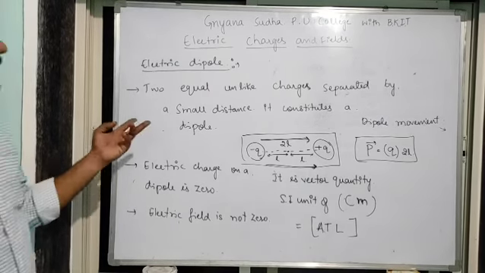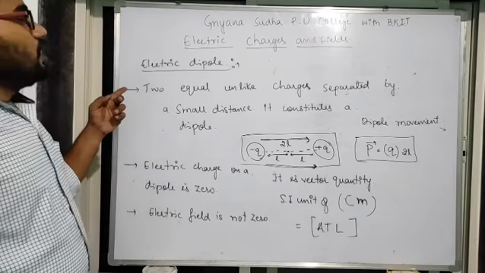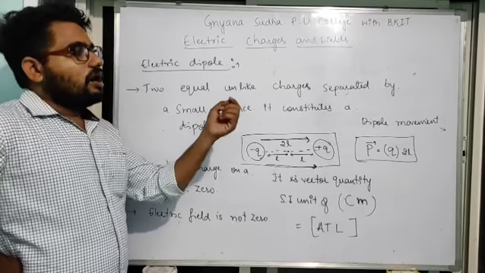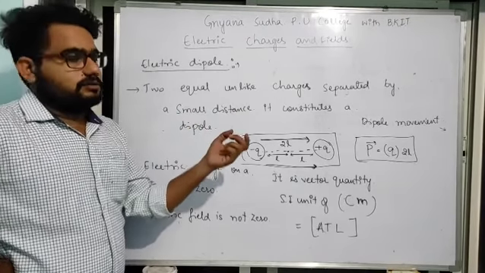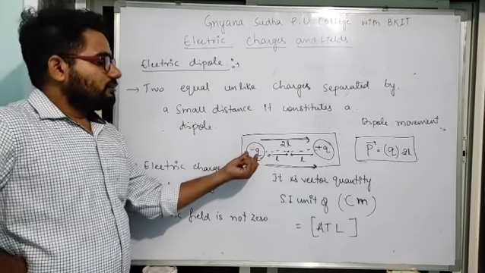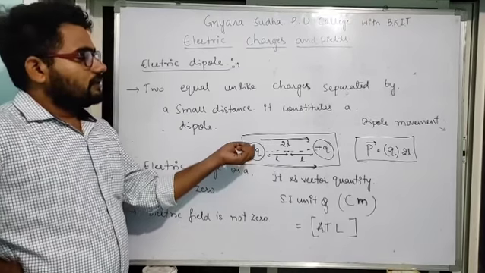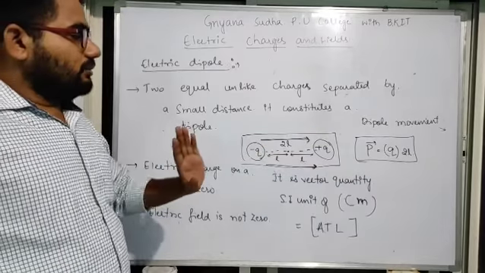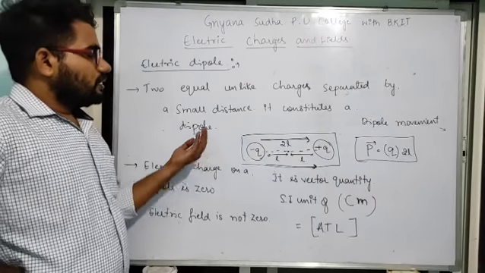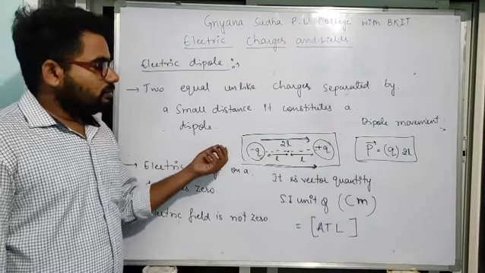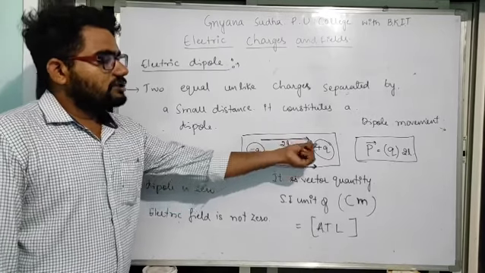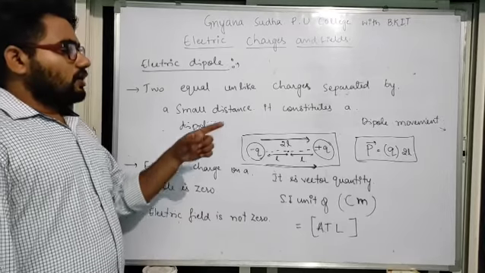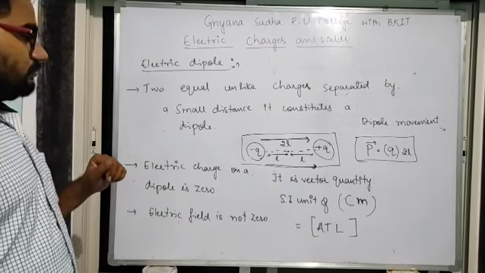ओके, क्या क्या पॉइंट पढ़ा हमने यहाँ पे? टू इक्वल अनलाइक चार्जेस सेपरेटेड बाय स्मॉल डिस्टेंस. अगर दो अनलाइक चार्जेस एंड दे आर इक्वल, then it is given by the formula Q into 2L. ये हमारा डाइपोल मोमेंट है. ठीक है, अब यहाँ पे इसका डायरेक्शन कहाँ पे होगा? डाइपोल मोमेंट का डायरेक्शन फ्रॉम नेगेटिव चार्ज टू पॉजिटिव चार्ज. It is a vector quantity.